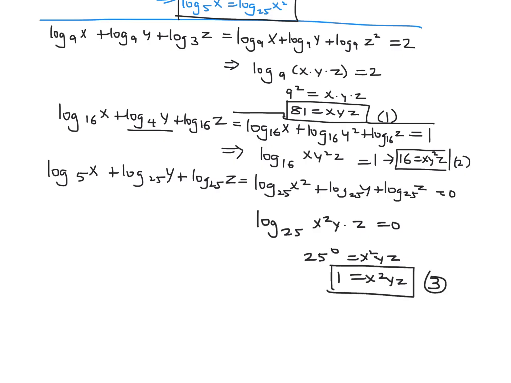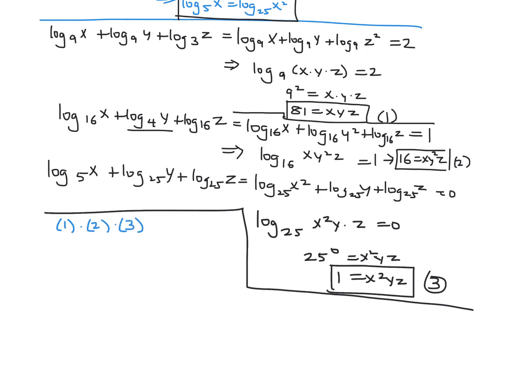Okay, so now we've got 3 equations, and we can now try to solve for x, y, and z. The first thing I will do is multiply them all together. So equation 1 times equation 2 times equation 3. If I do that, I will get x to the power of 4, y to the power of 4, and z to the power of 4 is equal to 16 times 81.